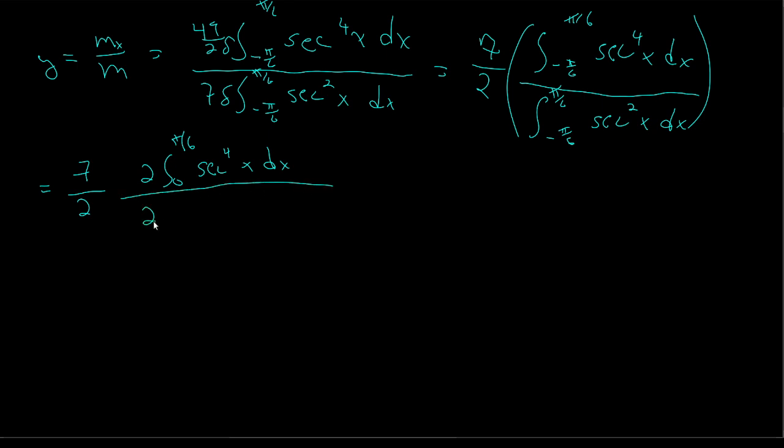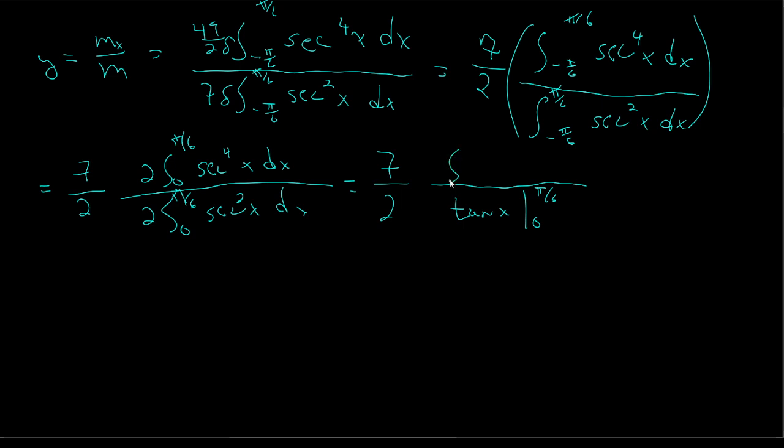And downstairs I can get 2 from 0 to pi over 6 secant squared x dx. So I'm going to have 7 halves times, let's see, so secant squared downstairs is going to be tangent of x evaluated from 0 to pi over 6.